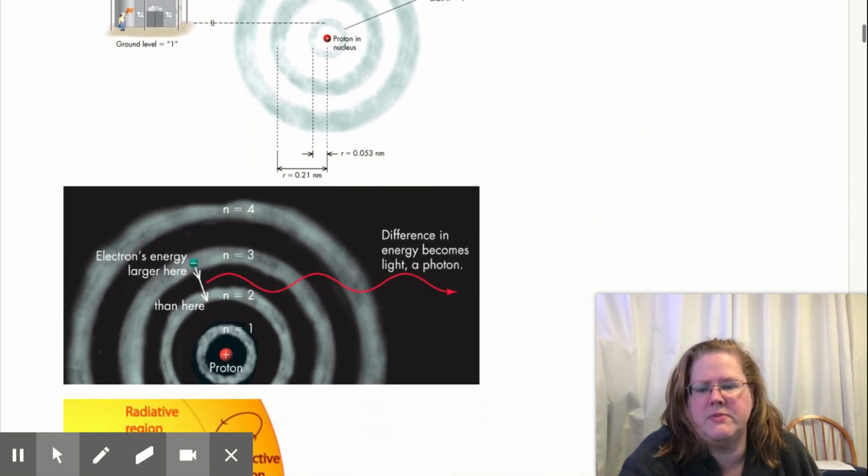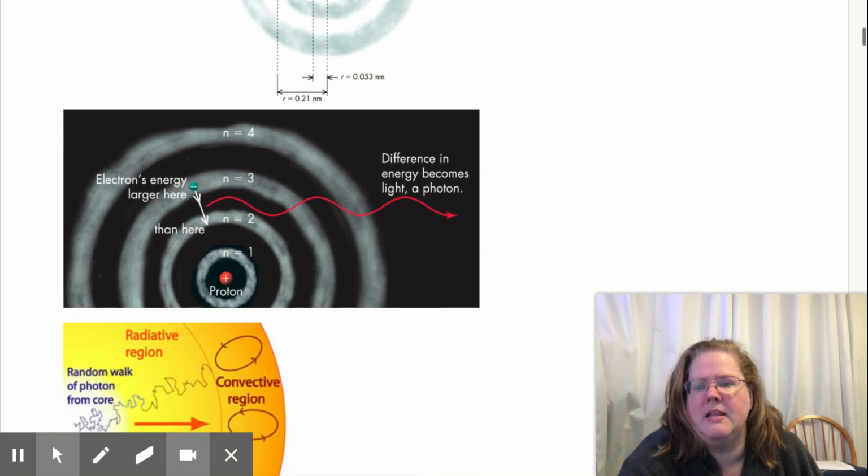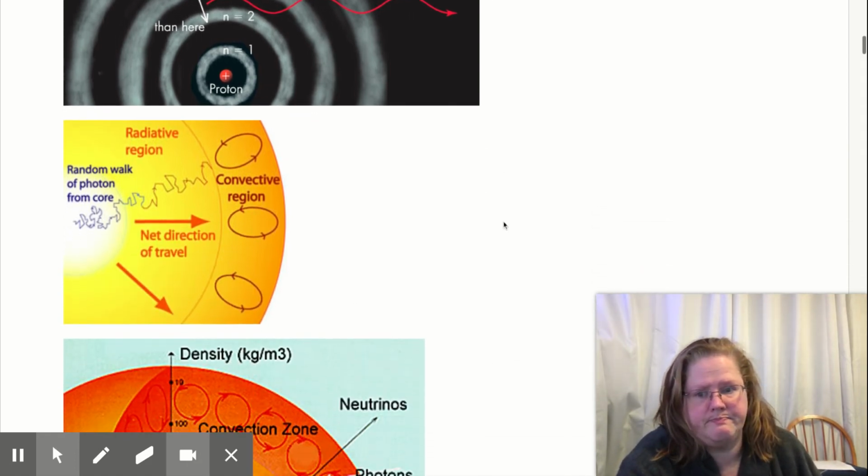There's different forms of energy also coming out, but electrons' energies are larger here than here. So if it comes from here to there, it has to release some of its energy that it had up here to come down to this level as it gets squeezed together. And that extra energy is actually released as a photon.